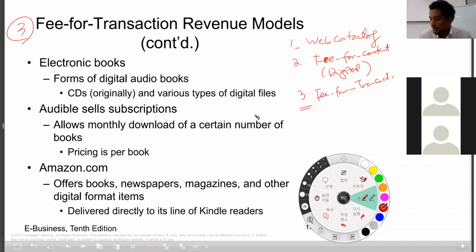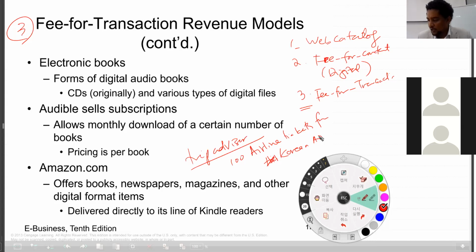Okay, for example, let's say there is this business, TripAdvisor. TripAdvisor has sold, let's say, 100 airline tickets for Korean Airlines. So Korean Airlines can easily pay the TripAdvisor company, right?